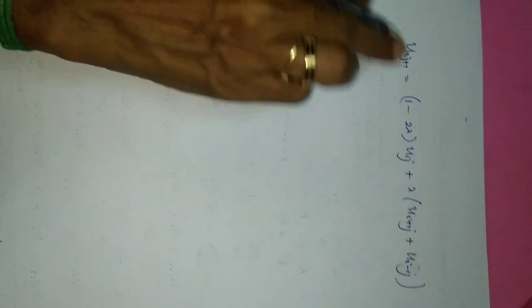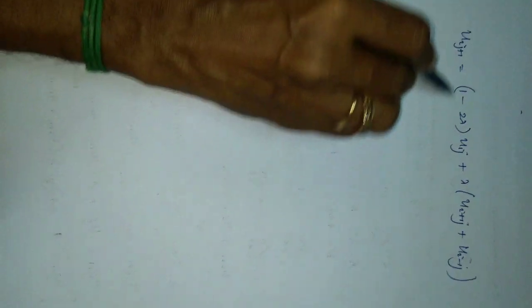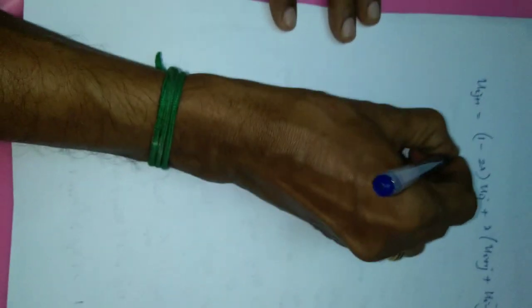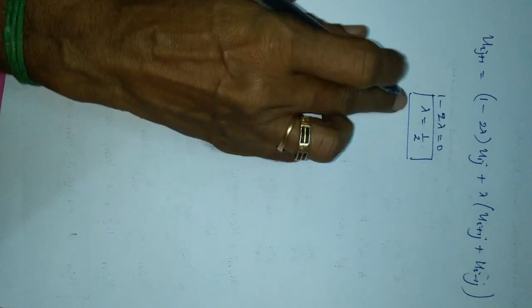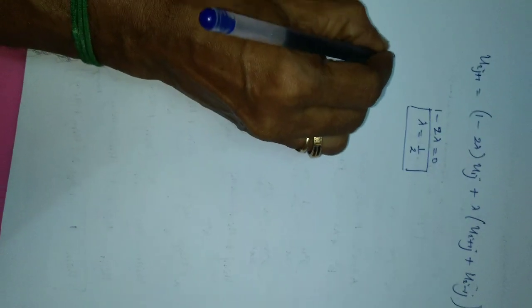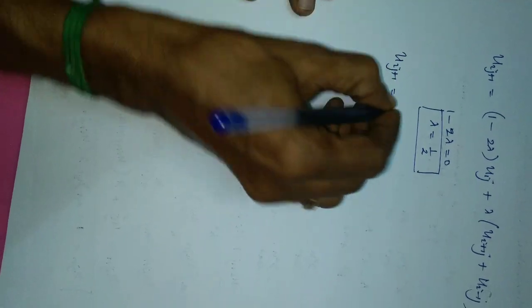Okay, now our aim is to reduce the scheme into a simpler form. So this investigation was done by Schmidt, a well-known mathematician, who suggested diluting the coefficient of u(i,j). To dilute the coefficient, I am going to take this entire constant 1 minus 2λ equal to 0. Therefore, λ equal to 1 by 2. If I substitute this value in the above equation, this entire term tends to 0.